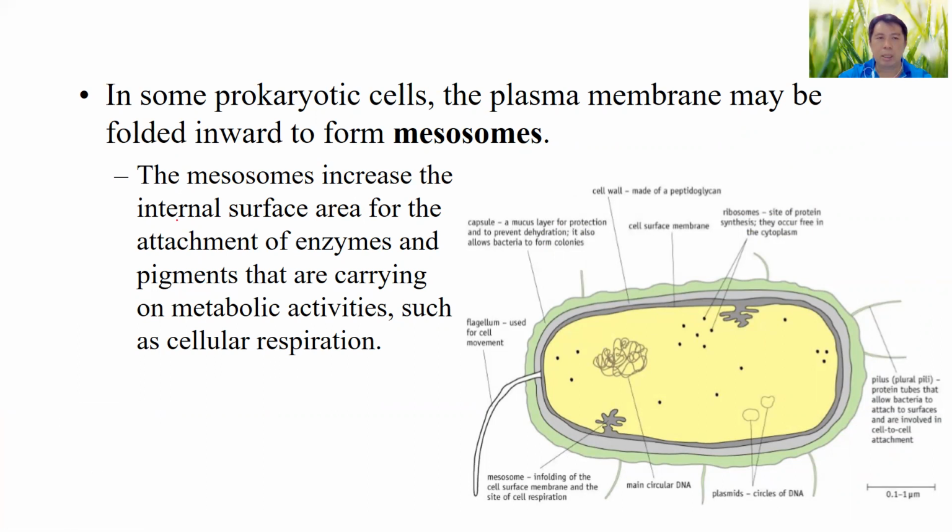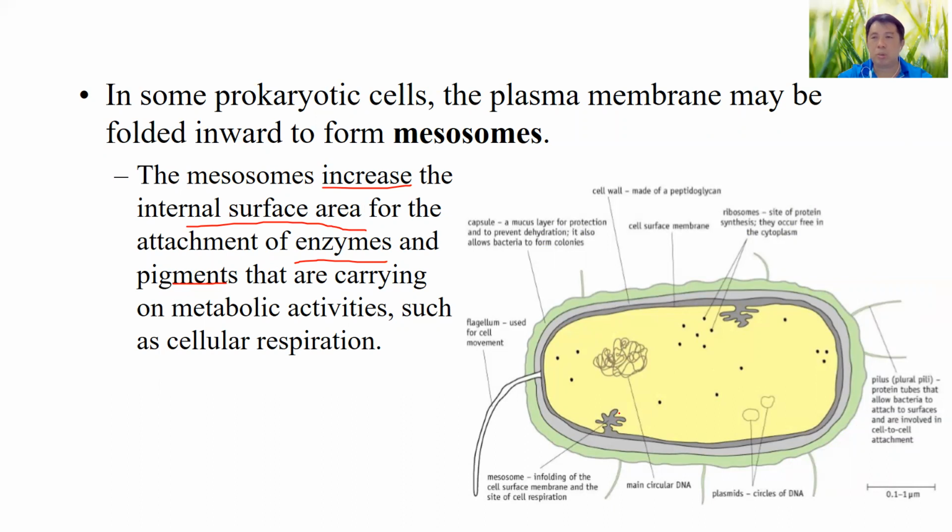So what is the increased surface area for? It is for the attachment of enzymes or pigments that carry out metabolic activity, such as cellular respiration. This mesosome contains respiratory enzymes to enable the prokaryotic cells to carry out cellular respiration.